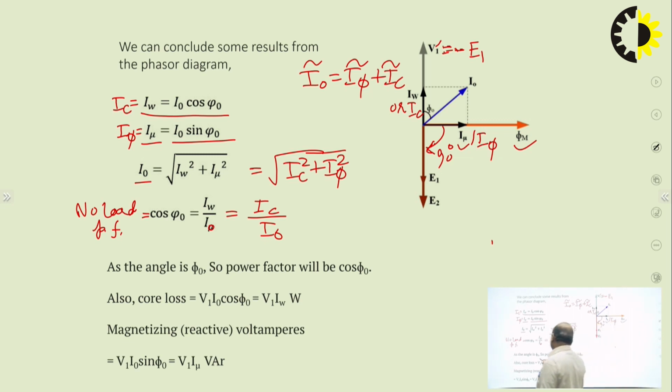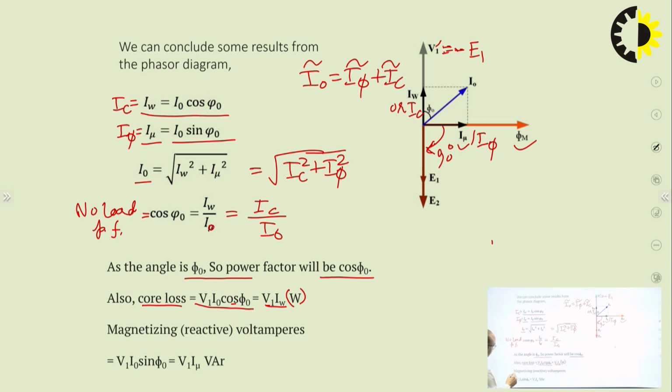Angle phi naught is the no load power factor angle, and cos phi naught is the no load power factor. Other than that, the core loss can be written as V1 I naught cos phi naught. Since IC is the core loss component, V1 into IC is the core loss, and V1 I naught cos phi naught is also the core loss. So this is V1 IW or V1 IC, with unit watts for core loss.